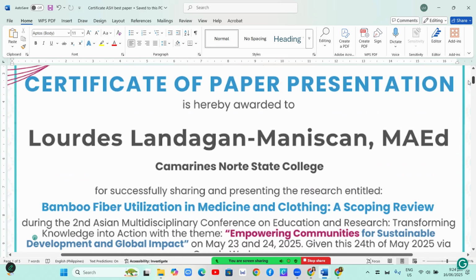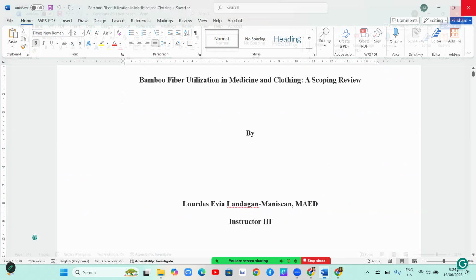Okay, this is the certificate of paper presentation. As you can see, from my experience, I want to solve a problem which is to develop a bamboo fiber bra for breast cancer patients and survivors.